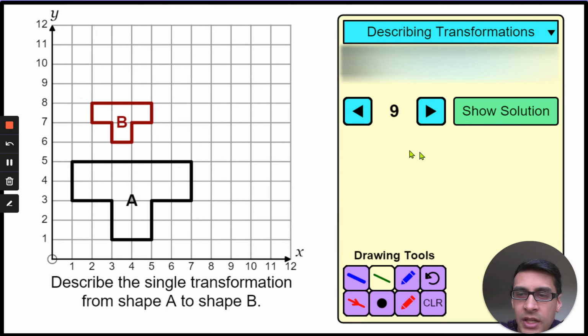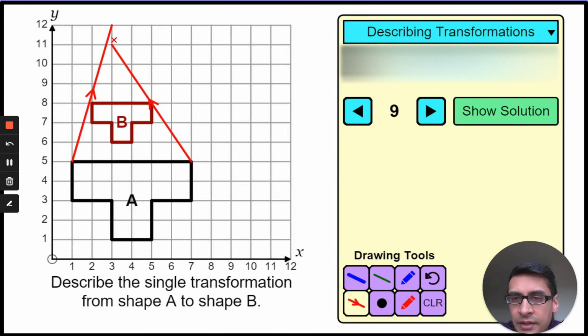Okay, question 9. This time it's clearly an enlargement from A to B. So it's going to be a fractional enlargement. It's a fraction between 0 and 1. We need to draw our ray lines for the corresponding points of this shape here. So I can see already this is looking like, I'm going to have to try that one again, maybe it wasn't accurate.